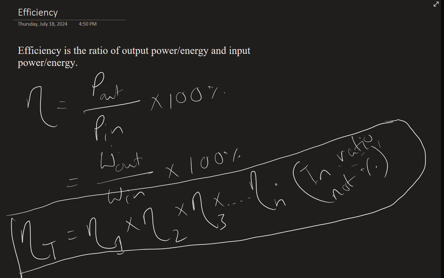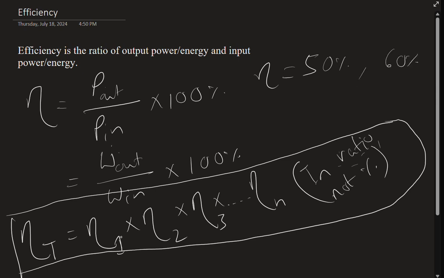And this multiplication is done in ratios, not in percentage. So if one efficiency was 50% and another was 60%, for cascading we would do 0.5 into 0.6, not 50% into 60%. Now let's move on to some practice questions.